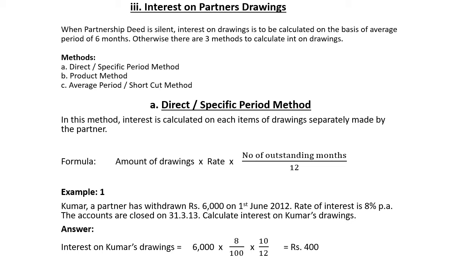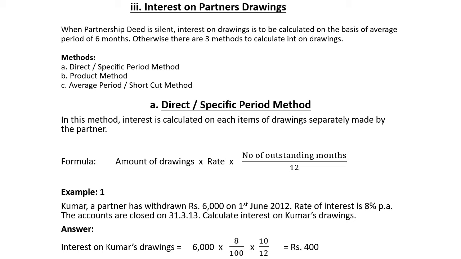Kumar, a partner, has withdrawn Rs 6,000 on 1st June 2012. Rate of interest is 8% per annum. The accounts are closed on 31st March 2013. We have to calculate his interest on drawings using this formula. It means they are following the financial year 2012 to 13 and he has withdrawn on 1st June.